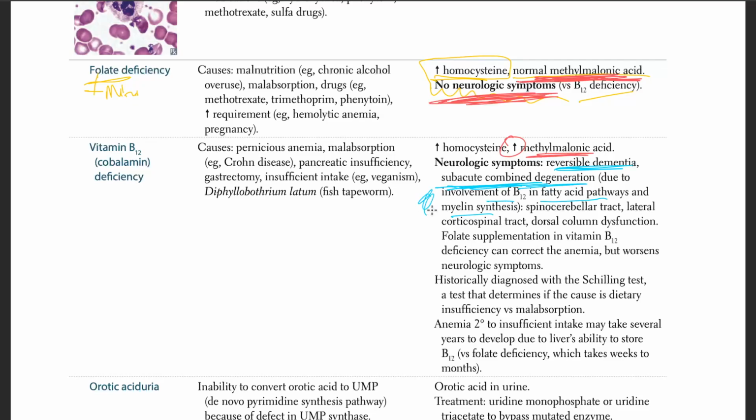So because we don't have all this, we are going to go into subacute combined degeneration of the spinal cord, which will give you spinocerebellar tract defects, lateral corticospinal tract defects, and dorsal column dysfunction.